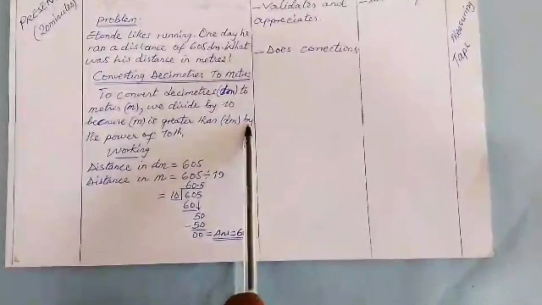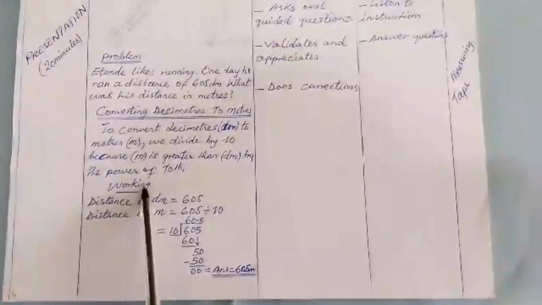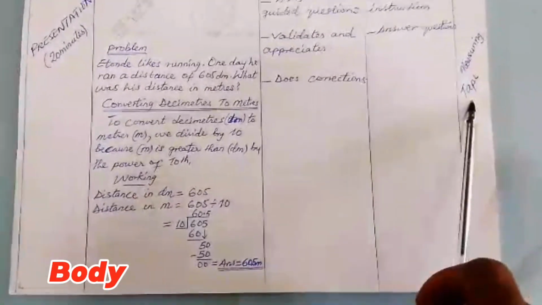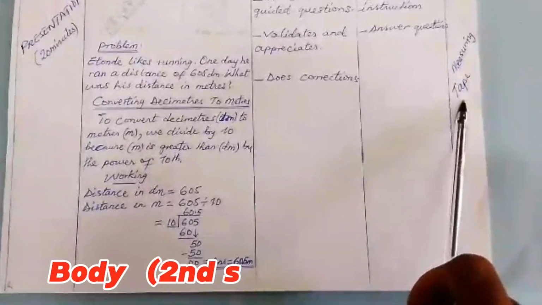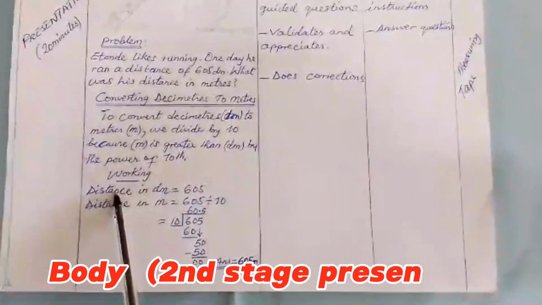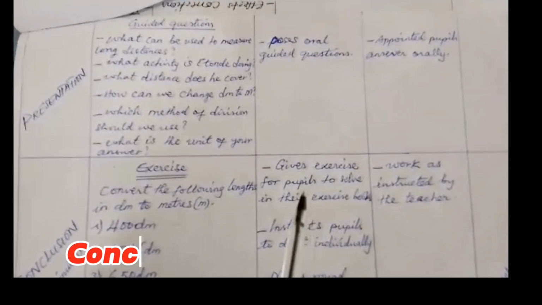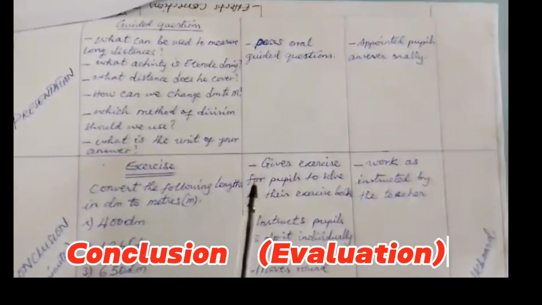We divide by 10 because a meter is greater than a decimeter. Remember, when we are moving from a bigger to a smaller value, we have to divide. So the teacher presents the working on the board: the distance in decimeters, 605, the distance in meters.